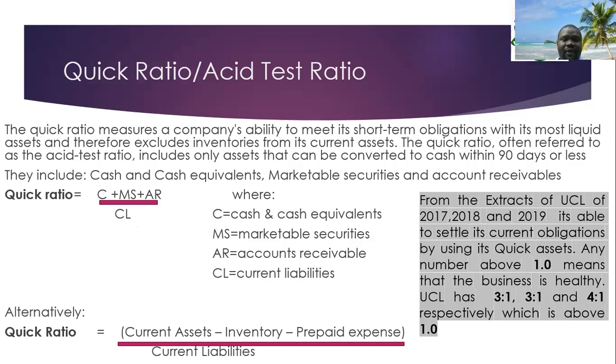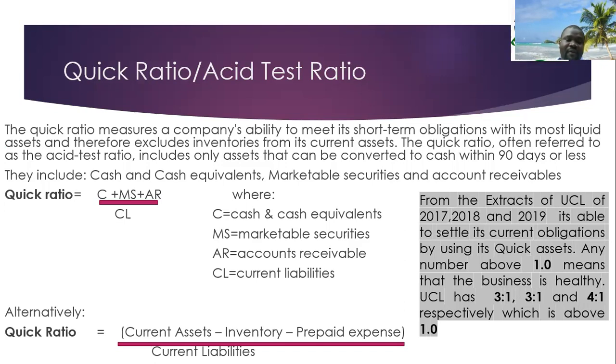And then we have the quick ratio, sometimes also referred to as the acid test ratio. This one looks at the company's ability to pay off its current liabilities by using its quick assets, which can be converted to cash within 90 days or less. They include cash and cash equivalents, marketable securities, and account receivable.